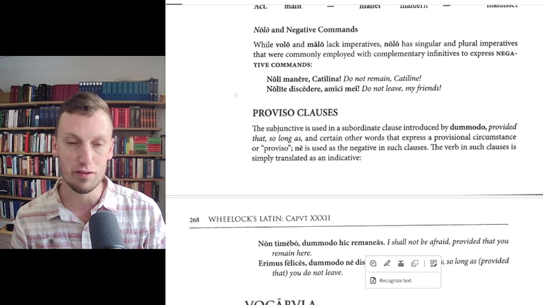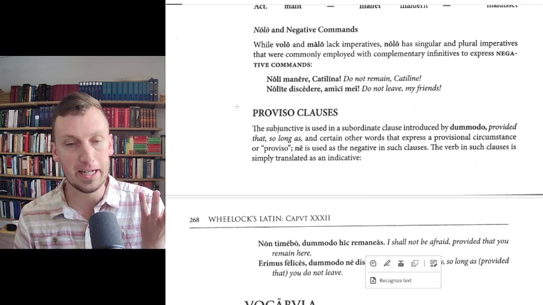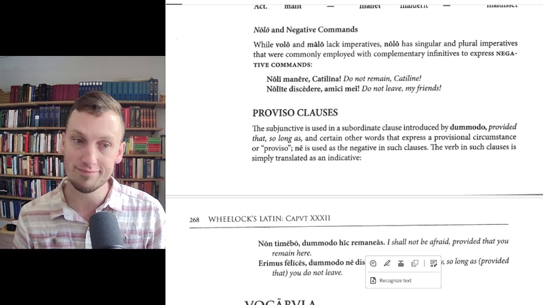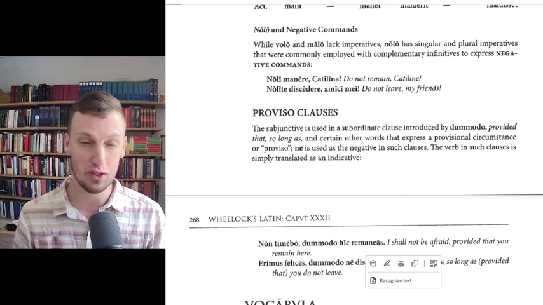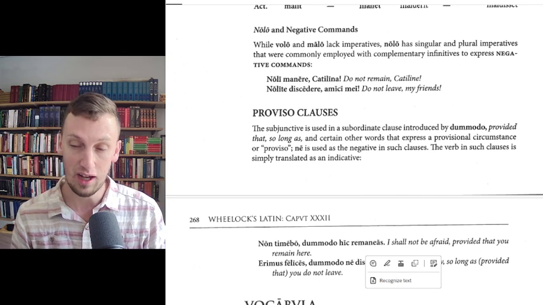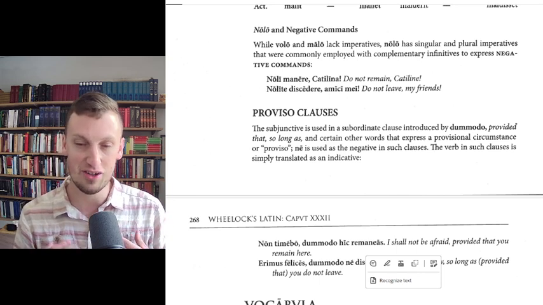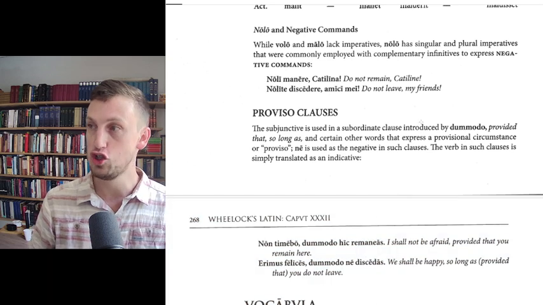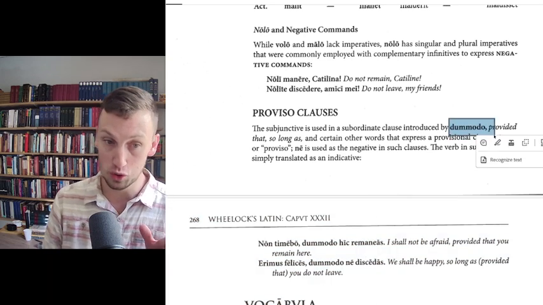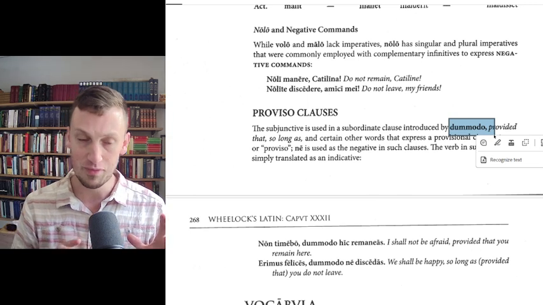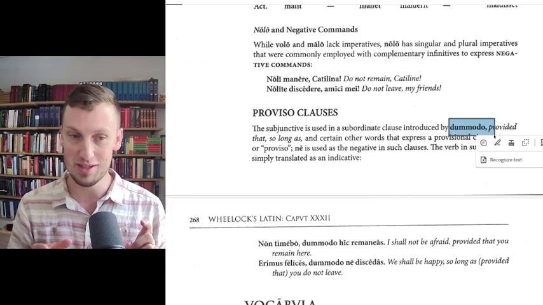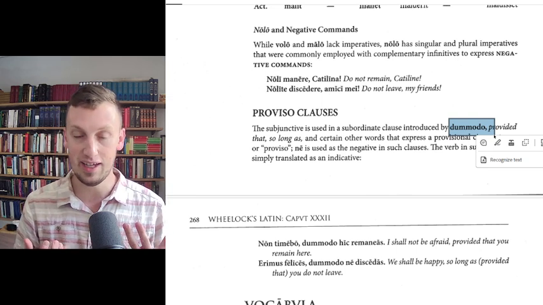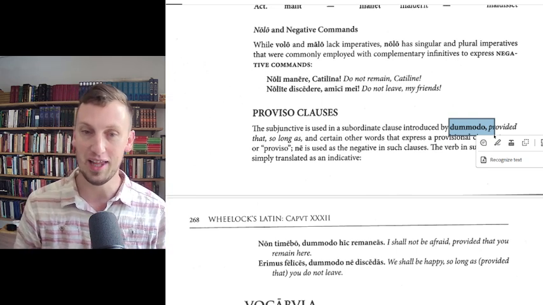And then lastly, you have these proviso clauses. You can think of this as a new use of the subjunctive. It's often taught that way. Or you can remember that subjunctives are used for conditionals and unreality things, conditional type statements, things that are contingent, right? And what you find here is this word dummodo, which is a combination of two words, dum, which is a sort of temporal when-then type word, and modo, which is an adverb meaning only, so it means something like when only, introduces a proviso clause, a condition that something else will happen.